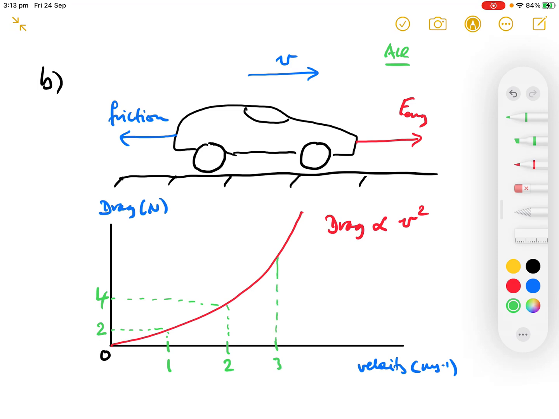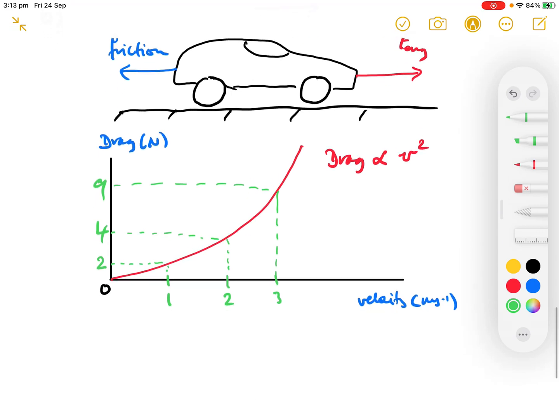If I go to 3 meters per second, so I've tripled my speed, but my drag has gone up to 9 units. So doubling the speed quadruples the drag, tripling the speed makes the drag go up by a factor of 9. So drag goes up very rapidly with speed. And eventually the drag gets so big that the frictional force, which always opposes the motion, balances the applied force.